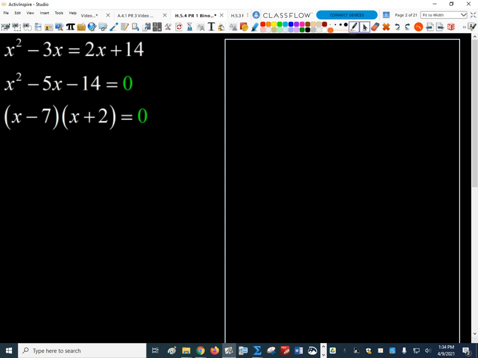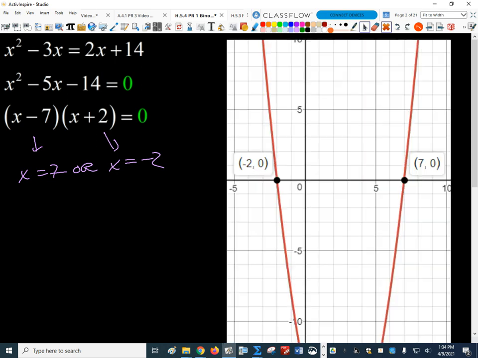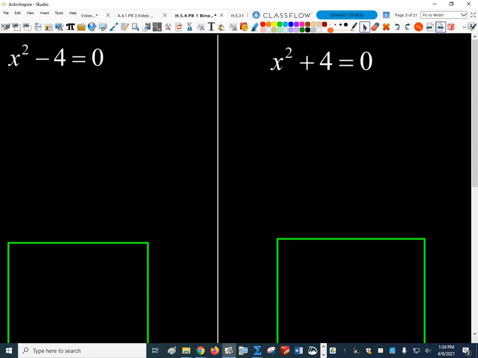And if I find the zeros, then I get either x equals 7 or x equals negative 2. And we can see if we look at a graph of this that, sure enough, those correspond to the x-intercepts of this function. No big surprise, it's a quadratic function, there's our parabola.